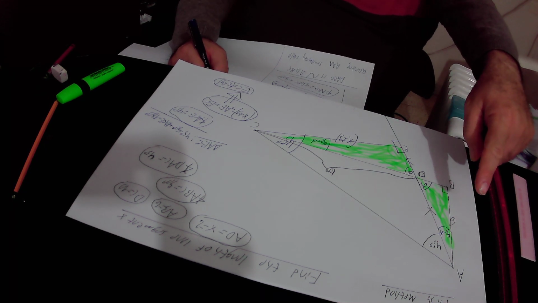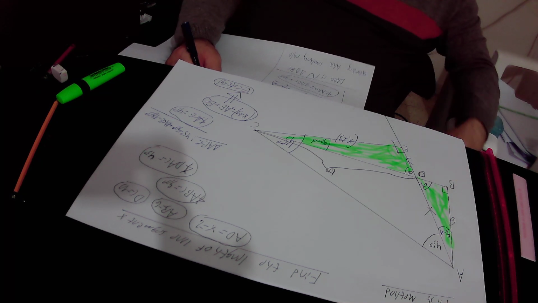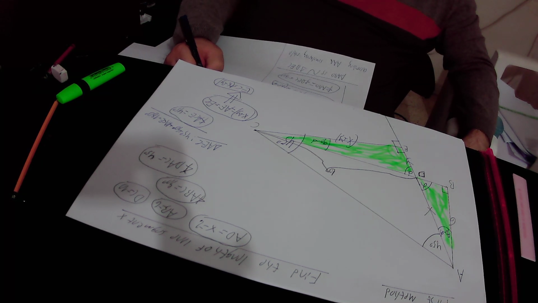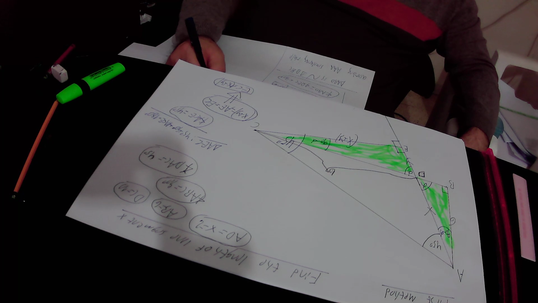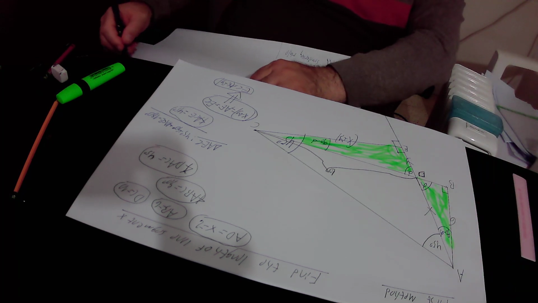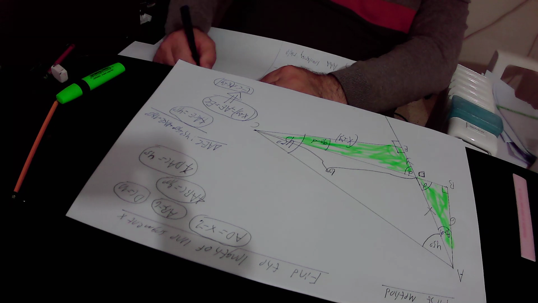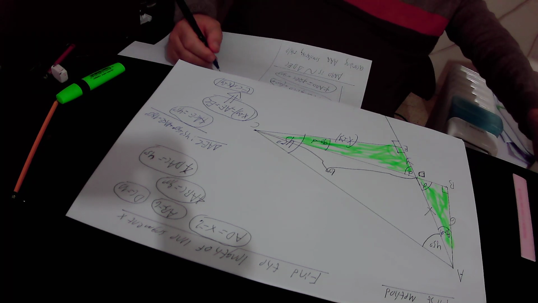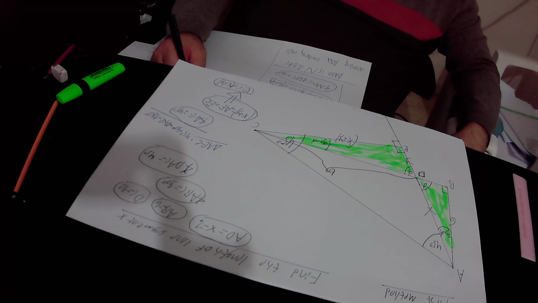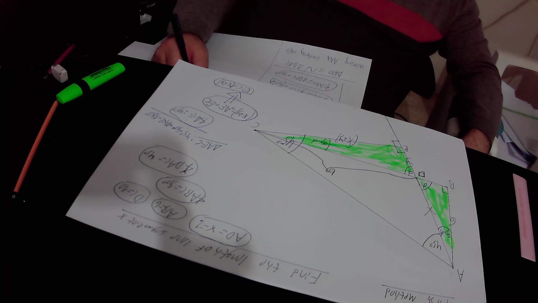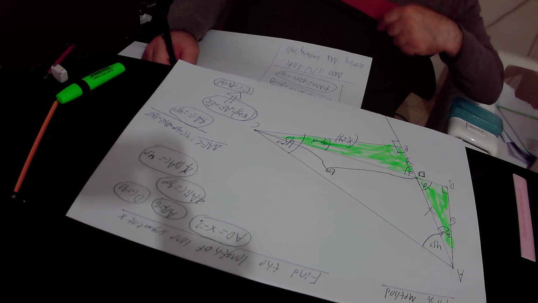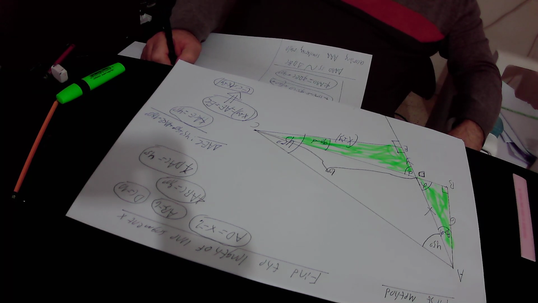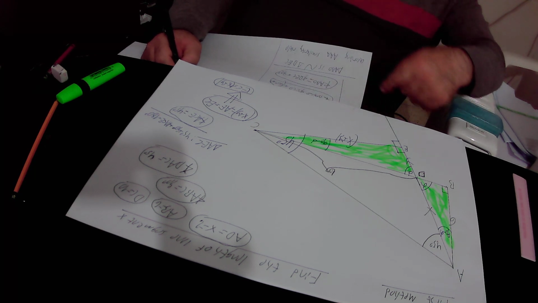We conclude that AB over EC is equal to BD over DE, and it is equal to AD over DC.